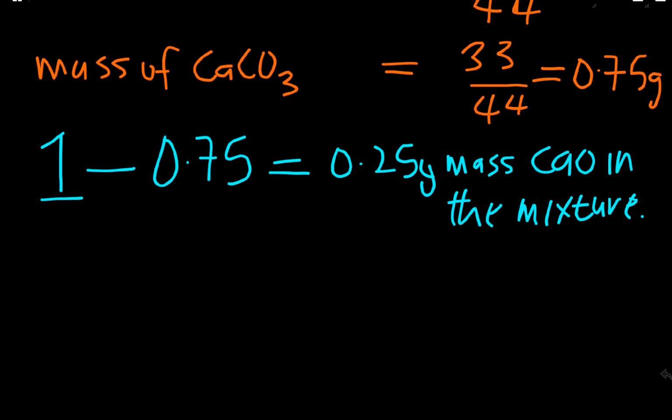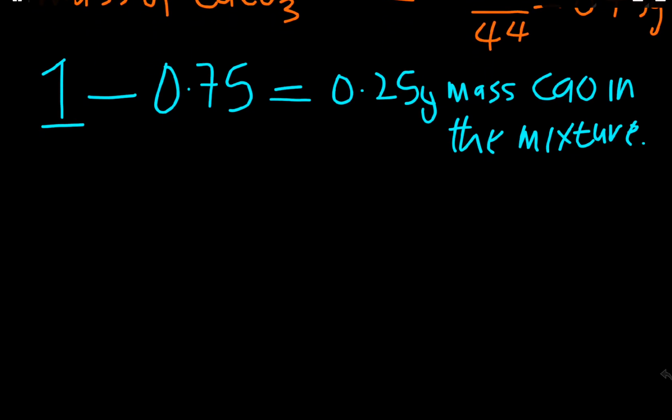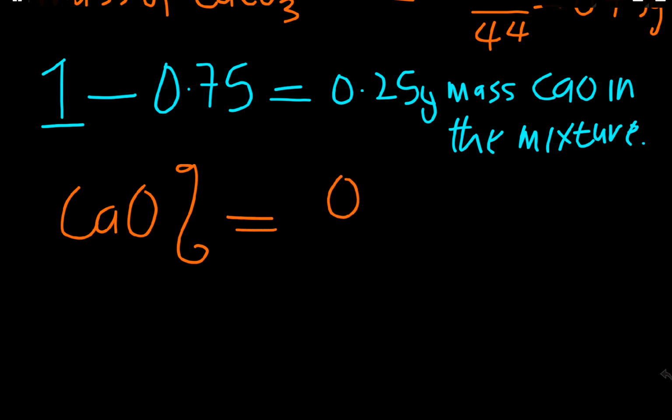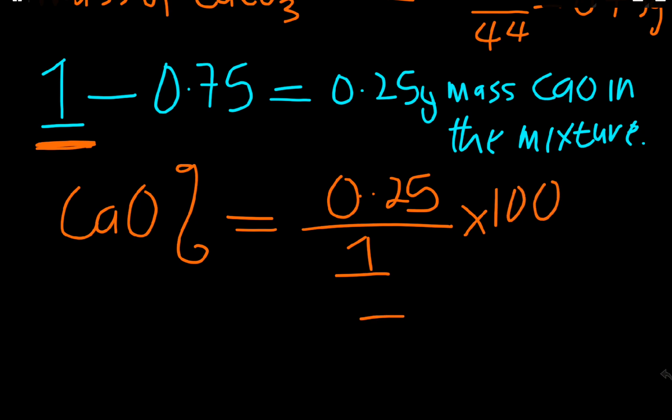And lastly, we are asked to calculate the percentage of calcium oxide in the mixture. So the CaO percentage in the mixture would be 0.25, which is the mass, over 1, which is the total mass of the mixture, times 100, and this will give you 25%.